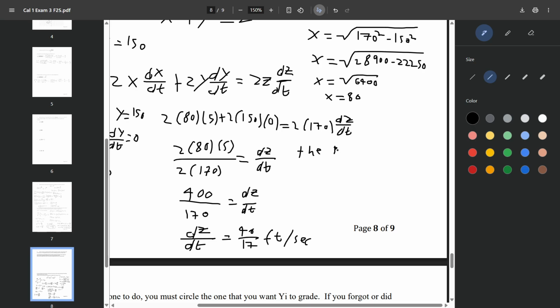The person is letting out the string at a rate of 40/17 feet per second.